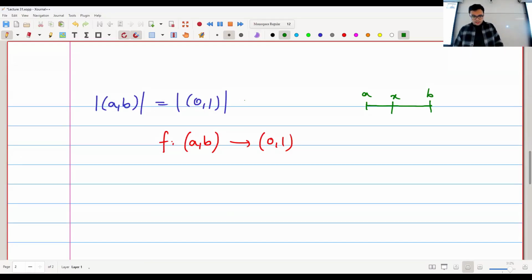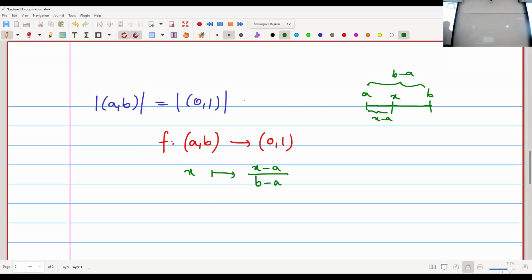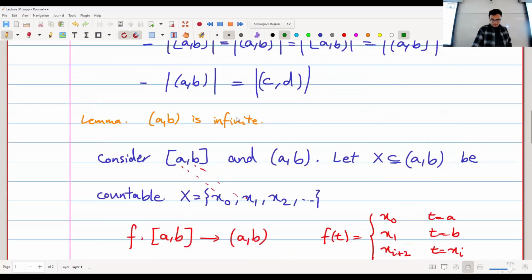So I'm going to take any number X and map it to X minus A, since I've traversed X minus A if I'm going to X, divided by the whole length, which is B minus A. So this is mapping all the numbers from A to B to numbers between 0 and 1. And again, you can easily check that it's one-to-one and onto. So these are all the same size.